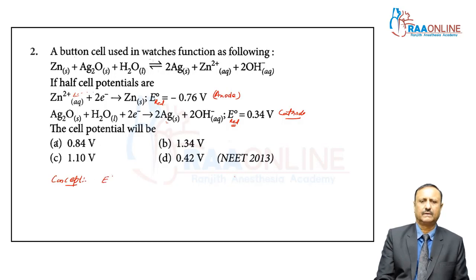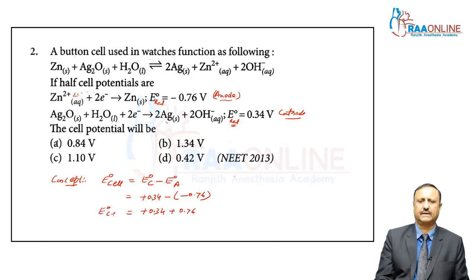You can put the formula E naught cell, and it is a very easy formula: E naught cell = E naught C minus E naught A. But put this formula for the anode, you can see here this works as the anode. So, put the formula and get the answer: plus 0.34 minus (-0.76) volt, minus and minus make plus, so you get plus 0.34 plus 0.76, and you can get, my dear students, E naught cell as 1.10 volt.